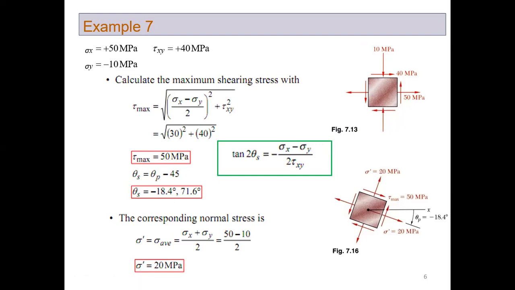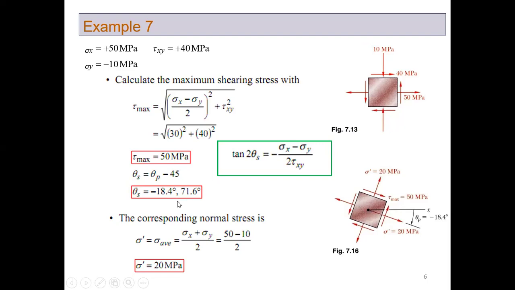But remember again, there will be two axes along which the shear stress would be maximum, and those two axes are also perpendicular to each other. The angle between those two axes is 90 degree. We would see here when we draw that stress element.